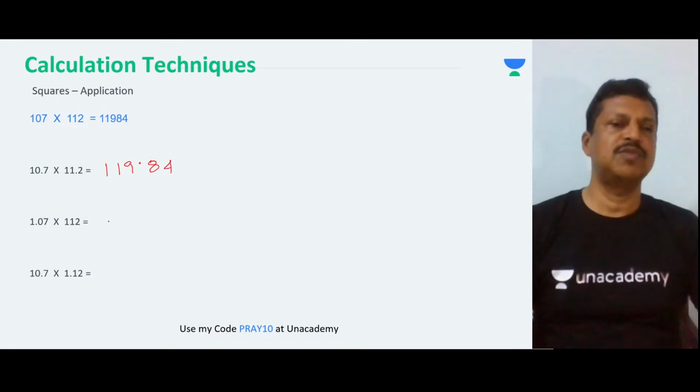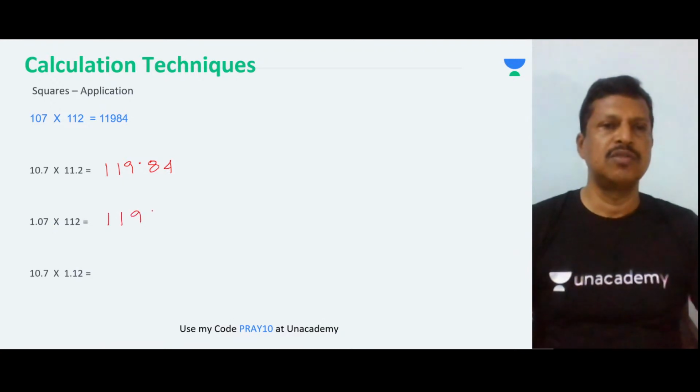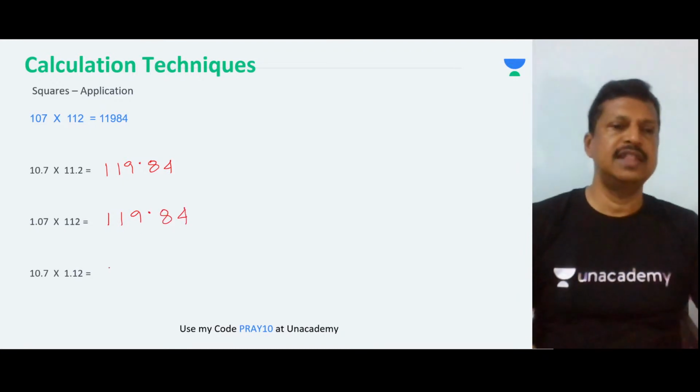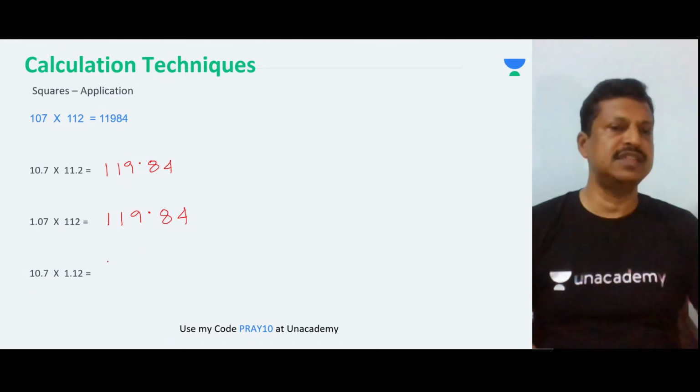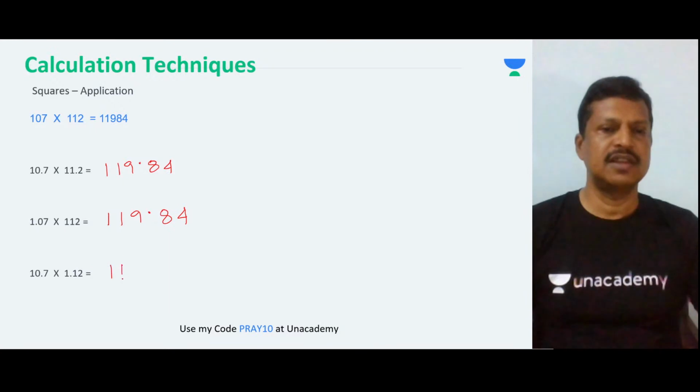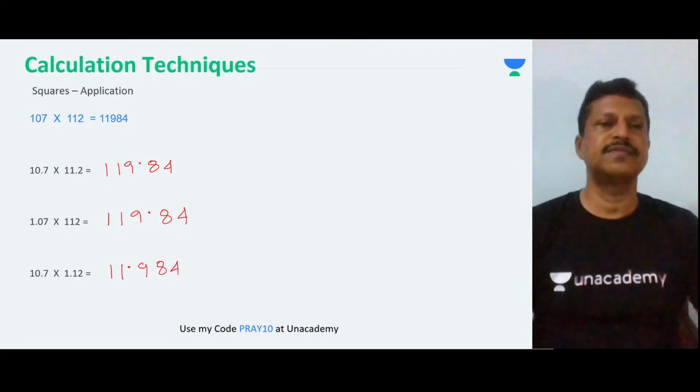This will be what? Once again, a similar type of thing. Two decimal points. So it will be 119.84. In this case, two decimal points and one decimal point. This comes out to be three decimal points. So it will be 11.984.